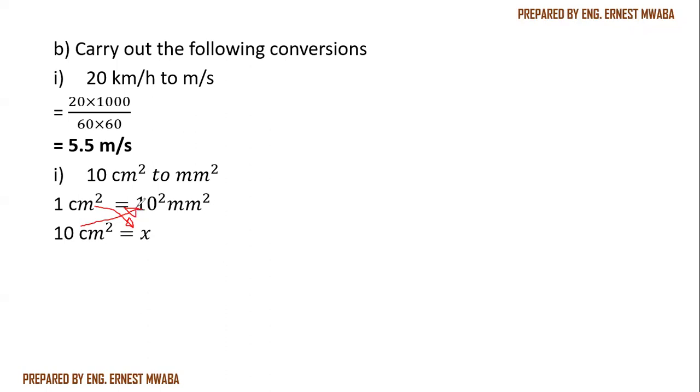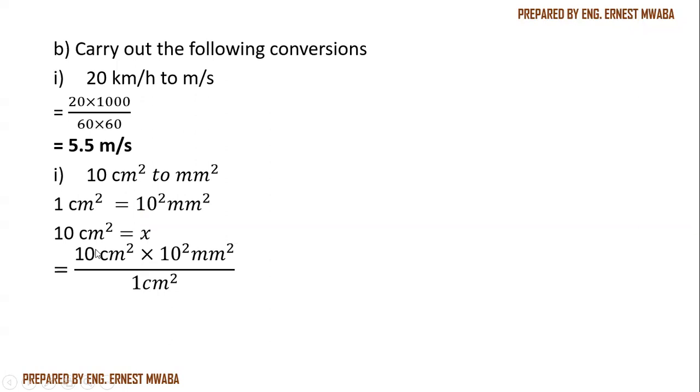Now, in this, there's always that language of showing this, ensuring that you see how the units are disappearing. So here, we can therefore proceed now to do the cross multiplication, then we see what will happen after that. So here we are, 10 multiplied by 10 squared divided by 1 square centimeter.